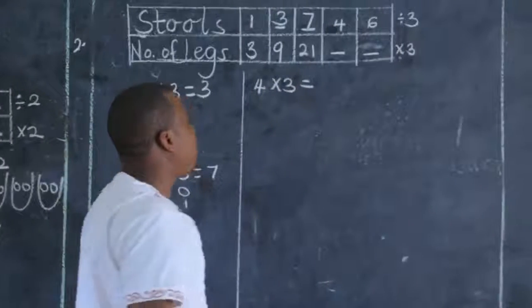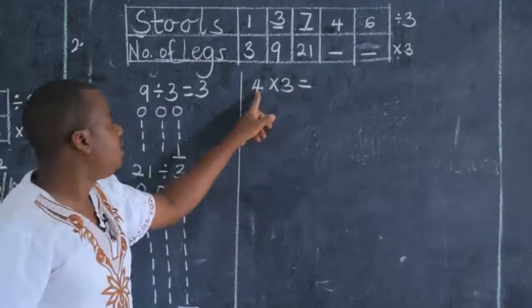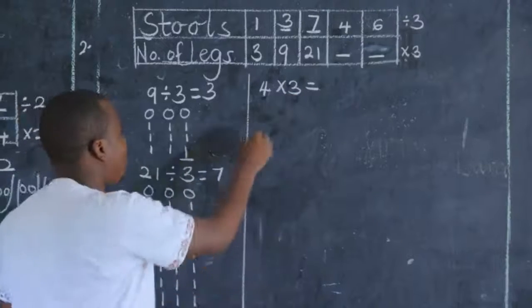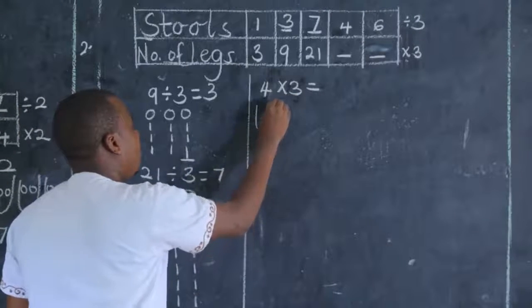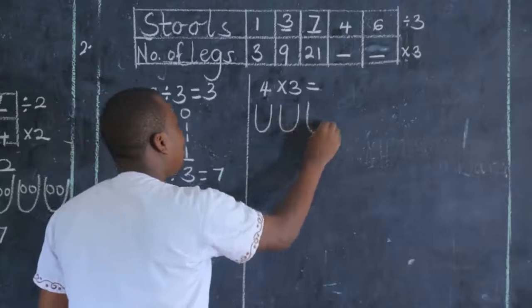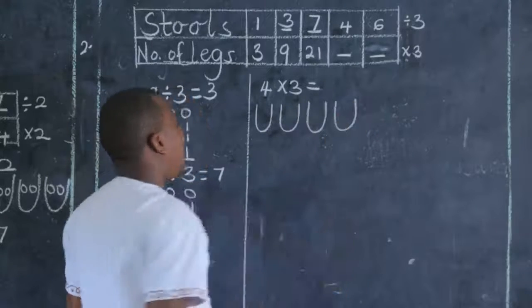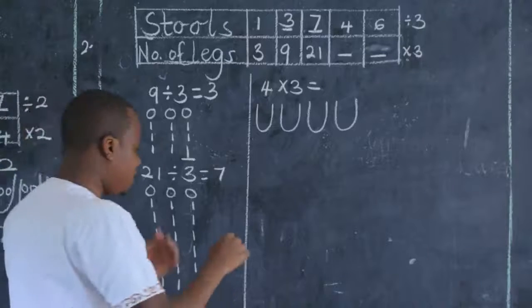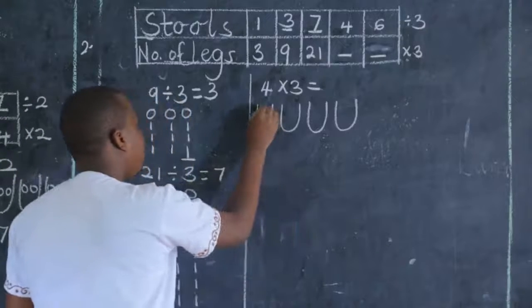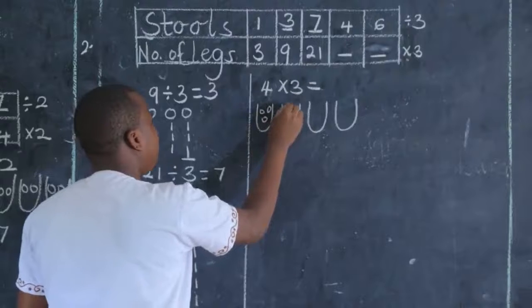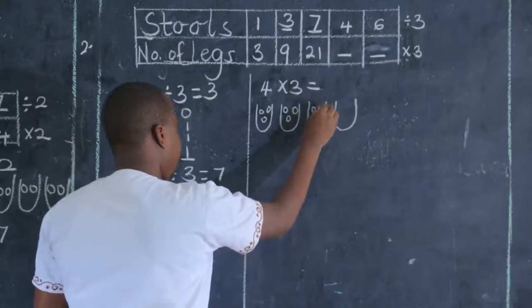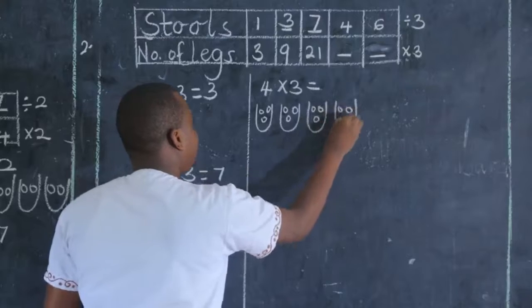So what is the meaning of this? This means 4 groups of 3. So can we make the groups very quickly? 1, 2, 3, 4. And how many items are in each group? 3 items. Let's put them. 1, 2, 3. 1, 2, 3. 1, 2, 3.